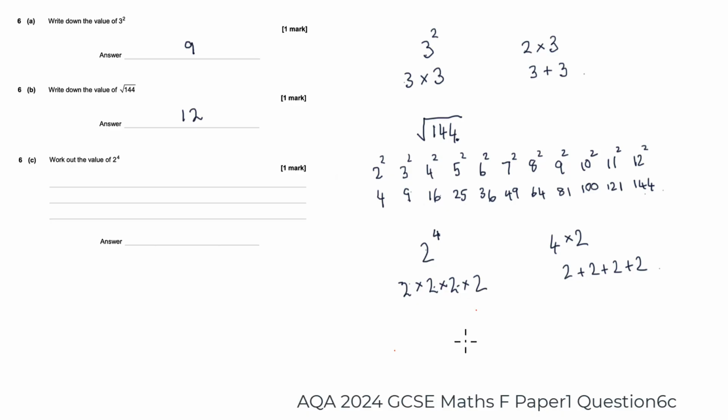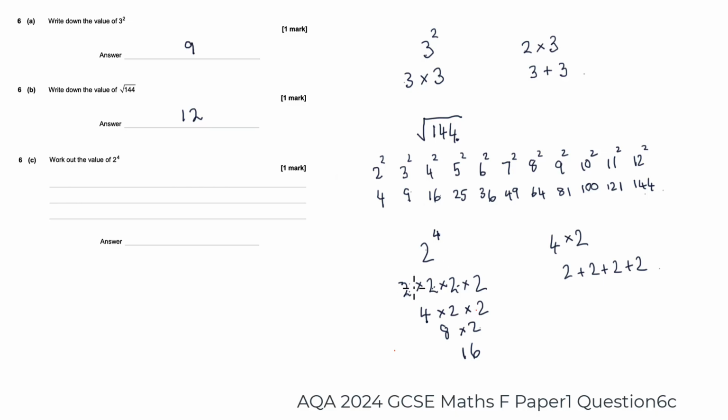And what does that give us? Well, let's do it gradually. 2 times 2 would be 4. And we've still got a times 2 and another times 2 to do. Well, 4 times 2, that's 8. And we've still got to multiply by this last 2. 8 times 2, 16.